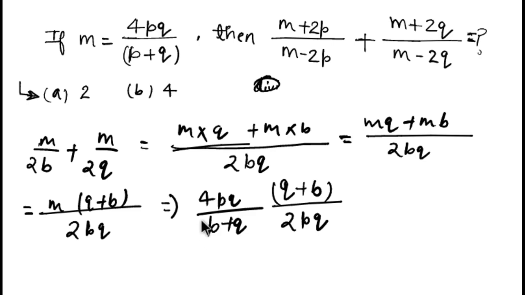Now you can easily see this is p plus q. This whole term p plus q cancels with p plus q, and pq cancels with pq. So we get 4 by 2, which is 2. So our answer is 2.